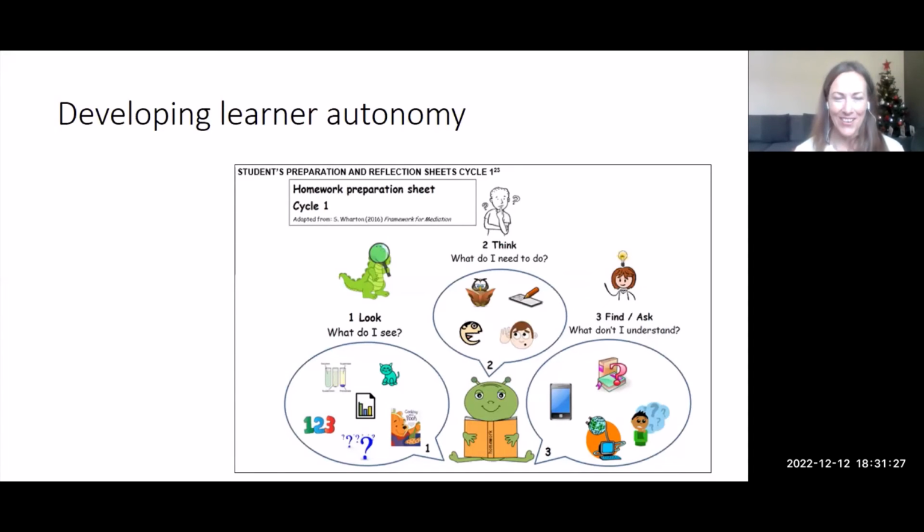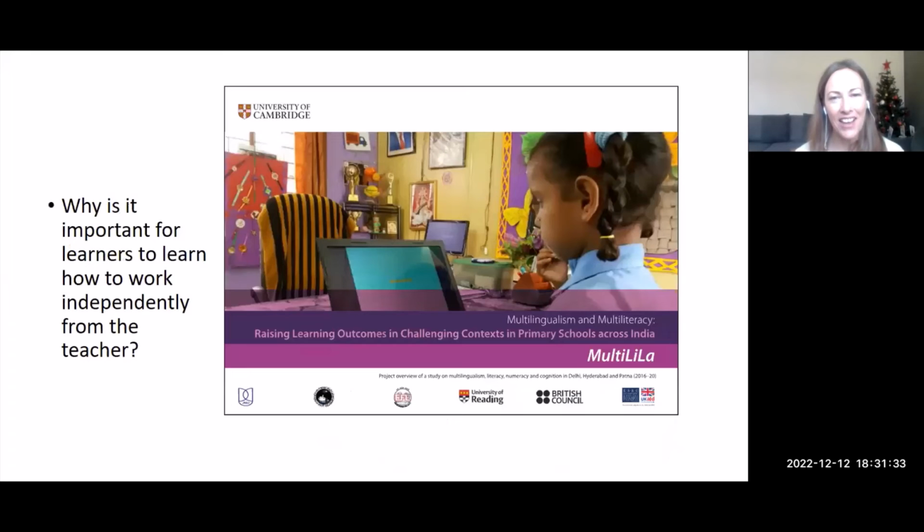All right, so those are our 4 strategies. And I want to mention finally a piece of research perhaps you've heard of, the Multilingual research that was done in India, because I think it links in really well to what we've been talking about here, learner autonomy and learners' prior knowledge.